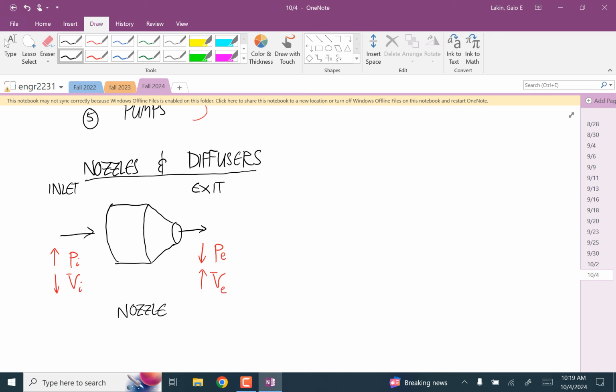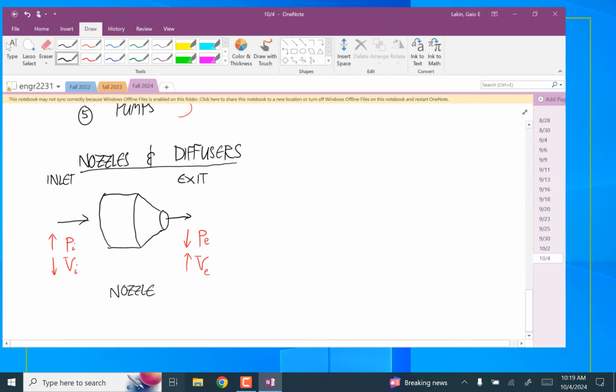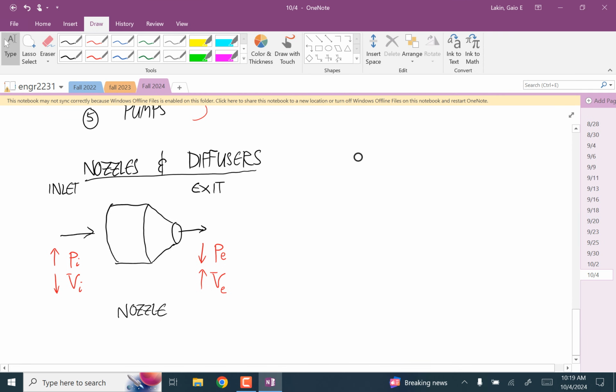And a diffuser works the exact opposite way. So this is the inlet. This is the exit.